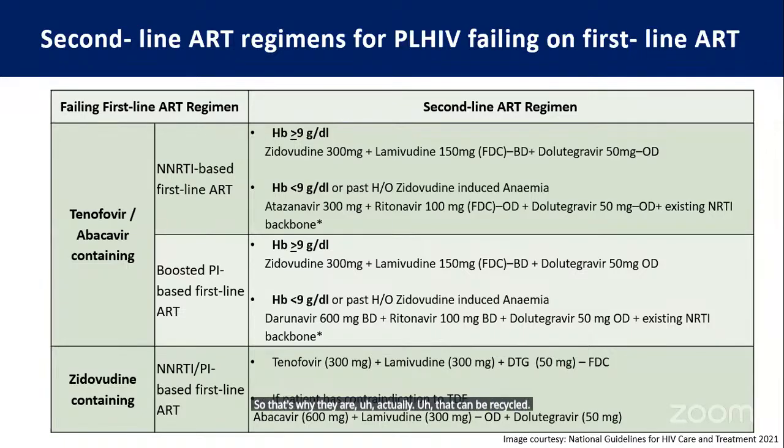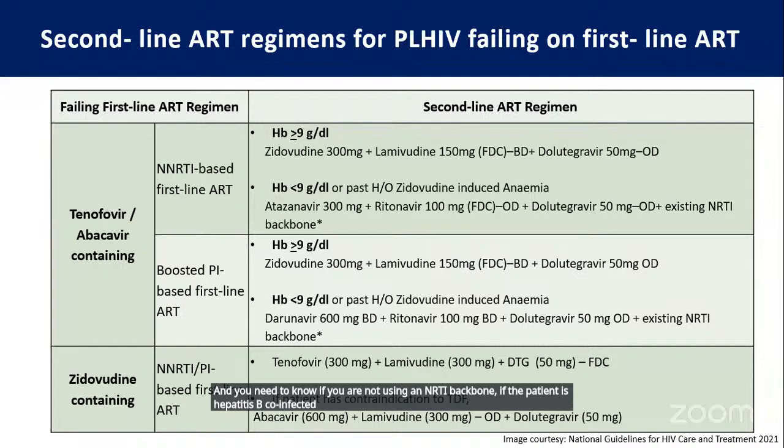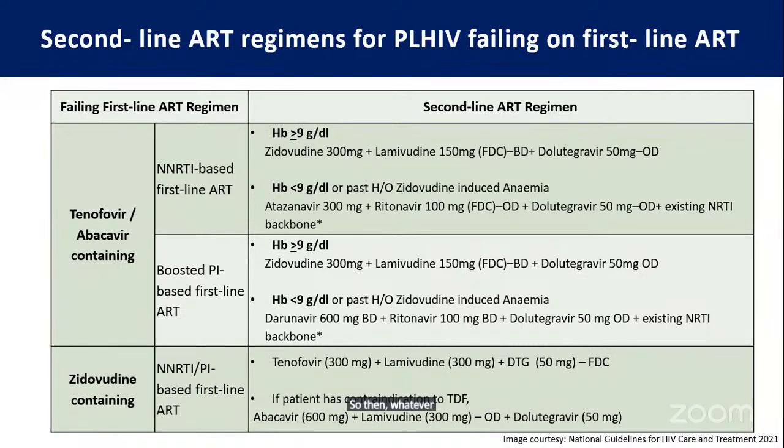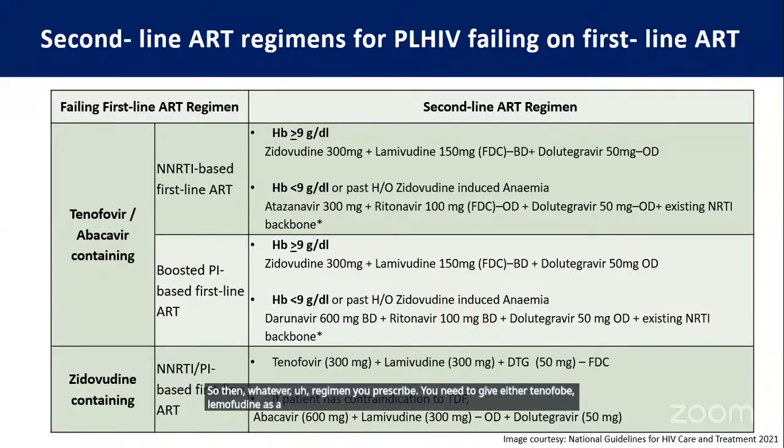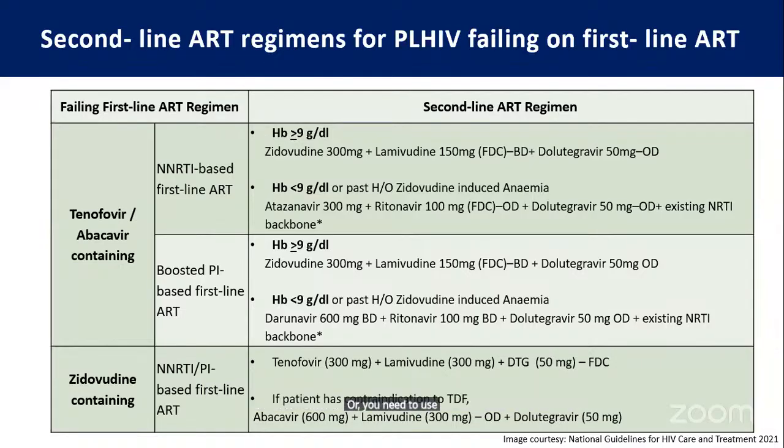And you need to know, if the patient is hepatitis B co-infected, then whatever regimen you prescribe, you need to give either tenofovir lamivudine as a combined tablet 300 or you need to use entecavir 1 milligram once daily to suppress the HBV DNA.